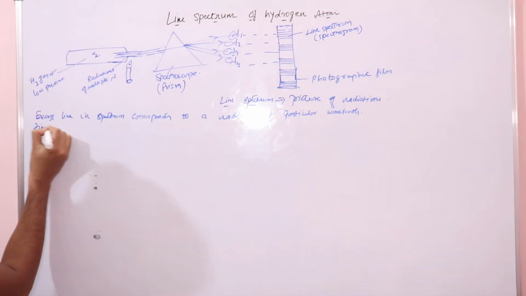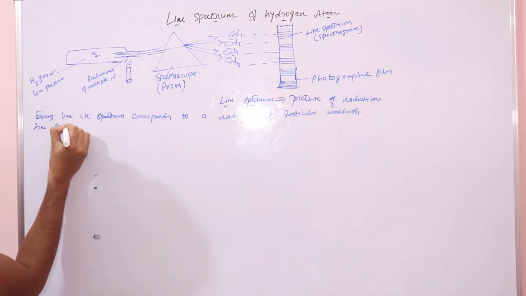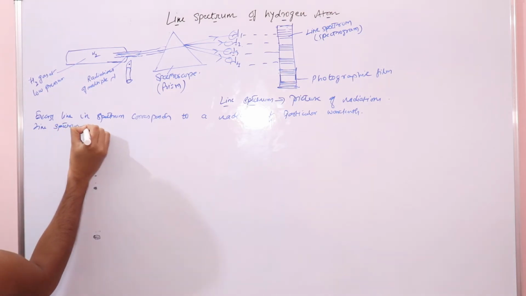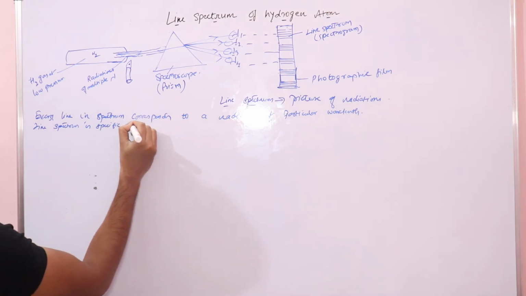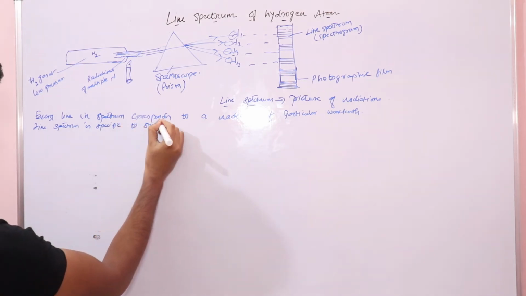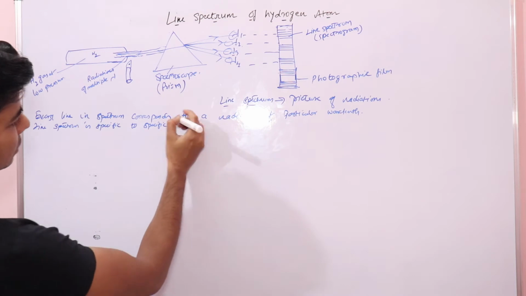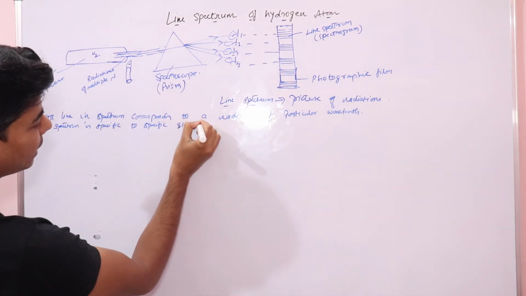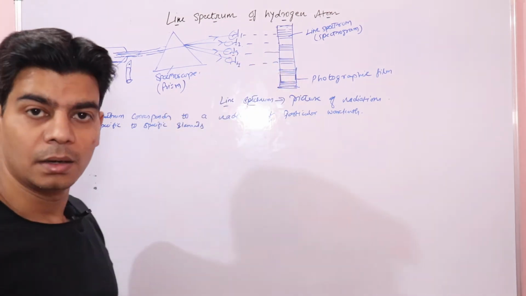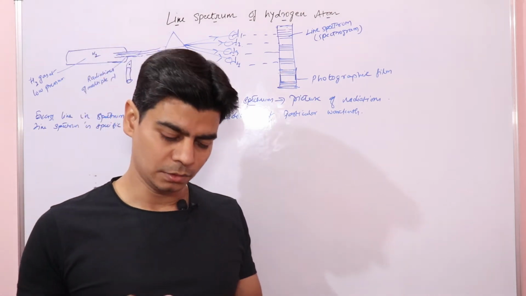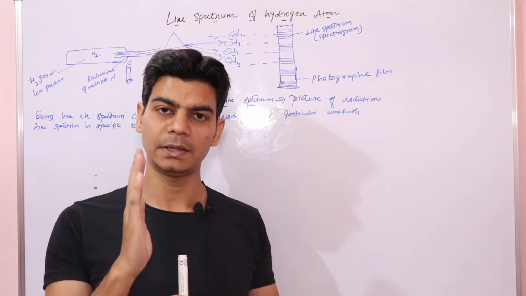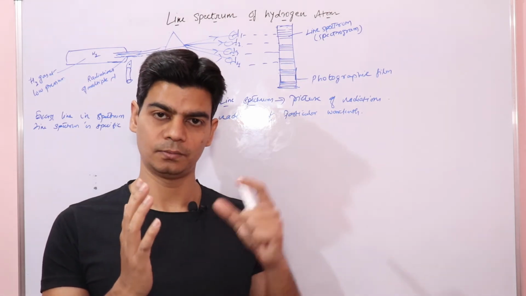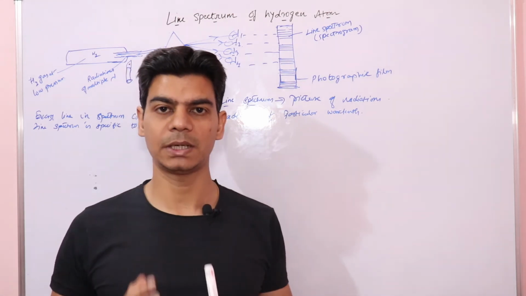So line spectrum is specific to specific elements. Since no two elements can have the same line spectrum, if you have the line spectrum of an element, you can recognize which element it belongs to.